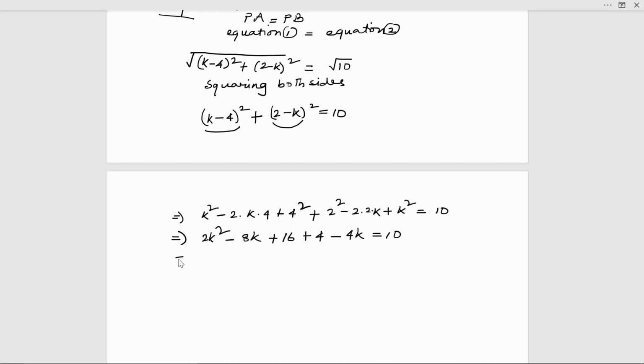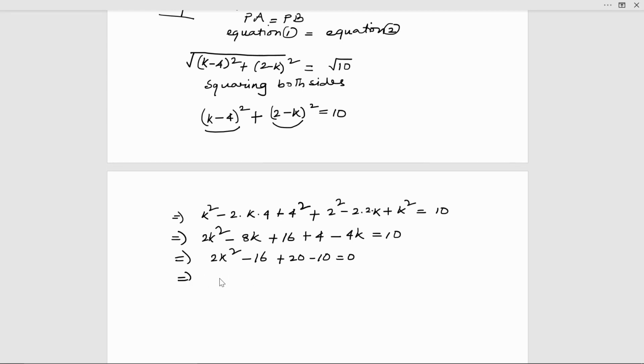Or we have 2k square minus 8k and minus 4k is minus 12k, and we have plus 20, and we are taking 10 from the right hand side to the left hand side, so it will be minus 10 equal to 0.